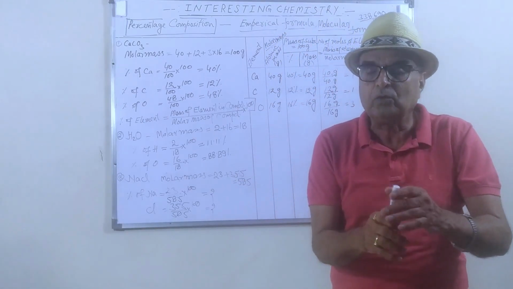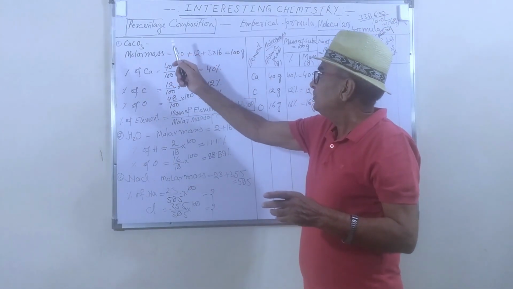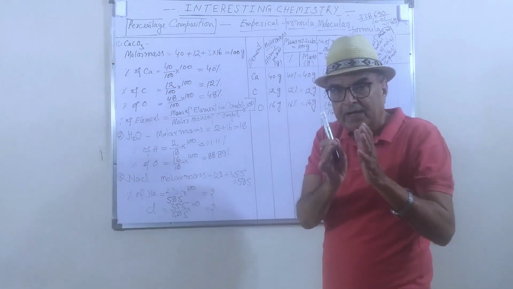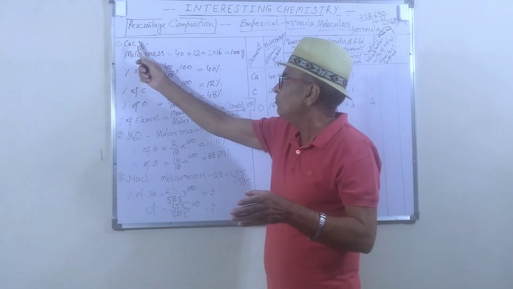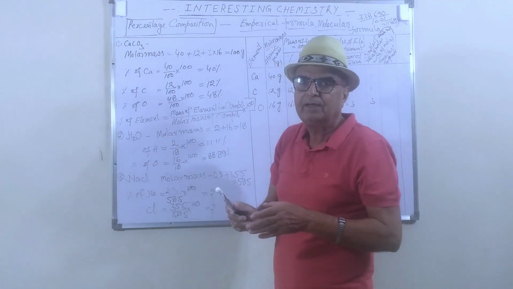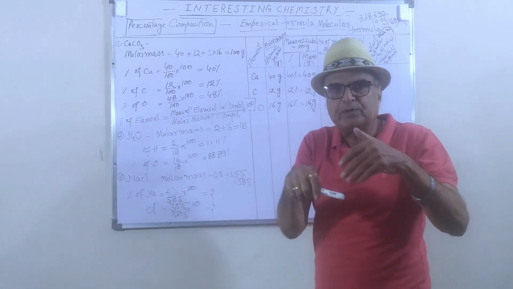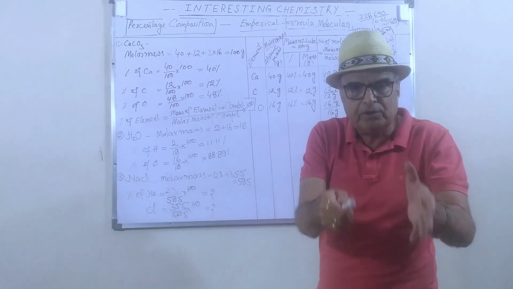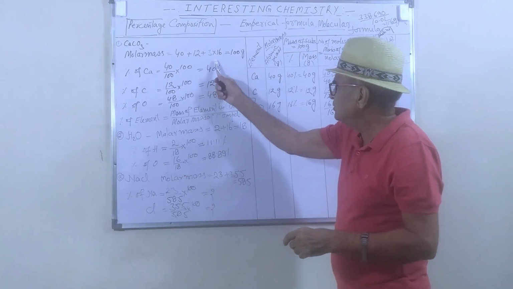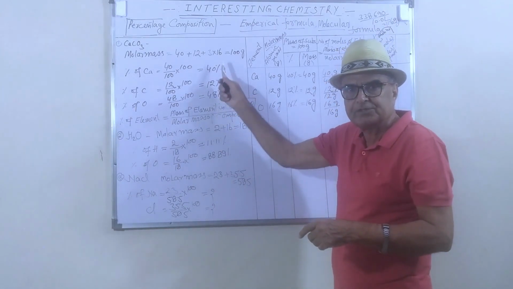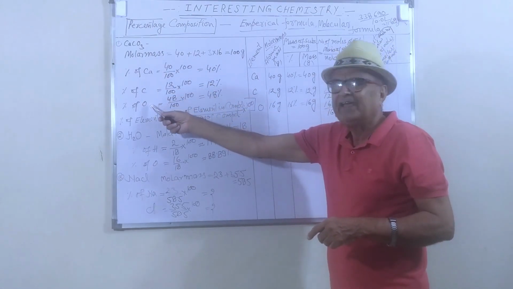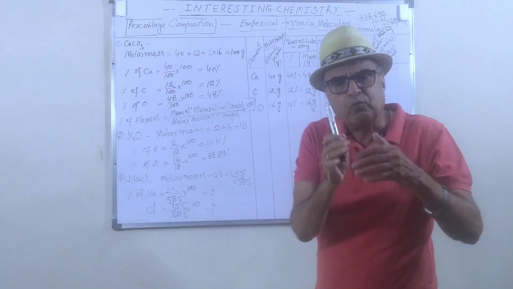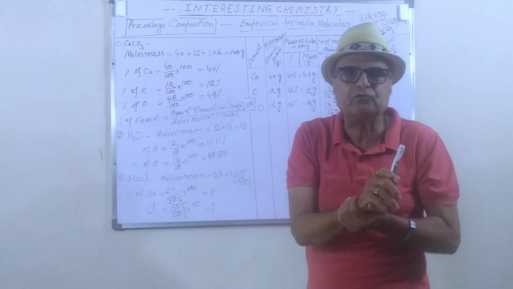Now from the molecular formula you get the percentage composition. Now how will you get the molecular formula from this percentage composition? This is the percentage of different elements in a compound; what will be the molecular formula?